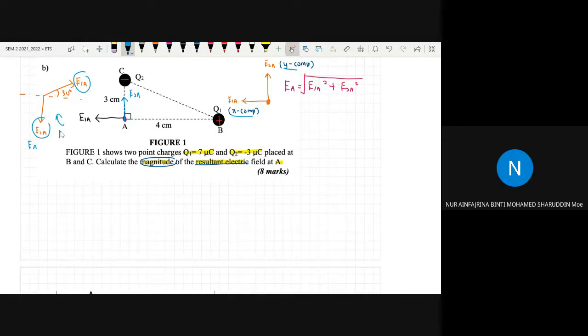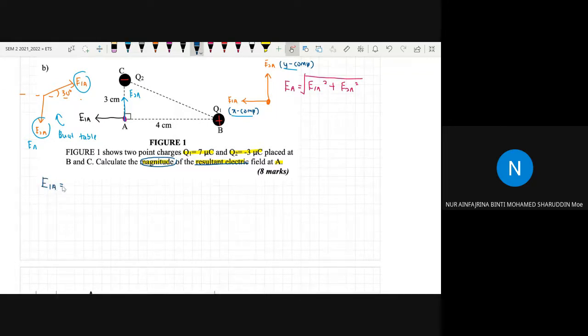Ini baru buat table. Why? Sebab E1A is not on X-axis or Y-axis. Sebab macam case ini, one of the electric field, E1A is on X-axis, E2A on Y-axis. So tak buat table pun tak apa. You can straight away do like this. But before you buat macam ni, you kena cari dulu E1A berapa.